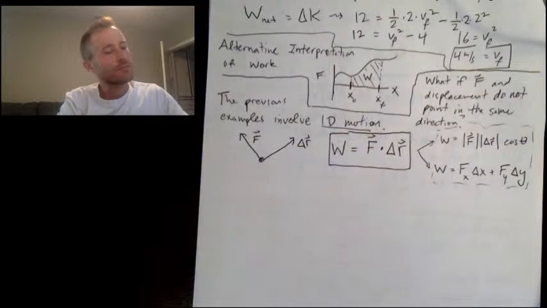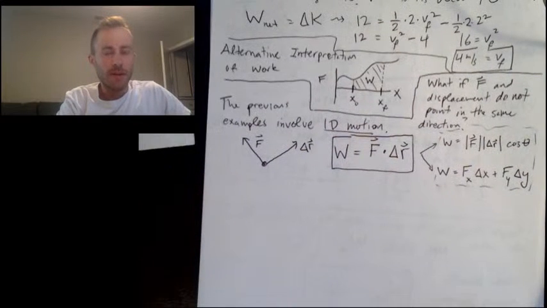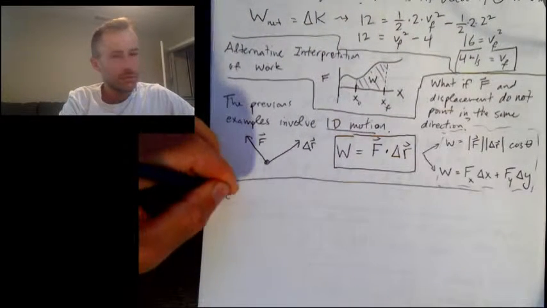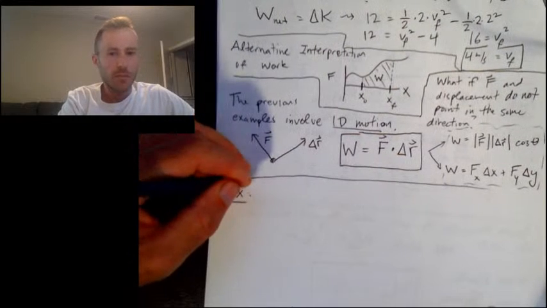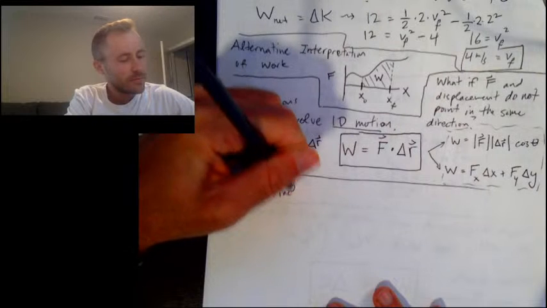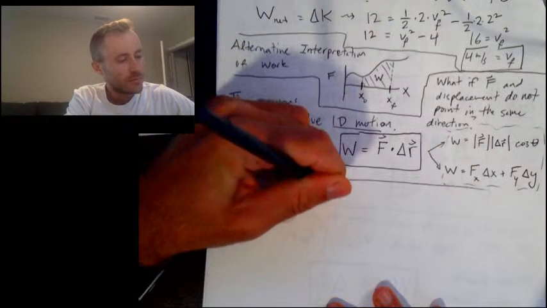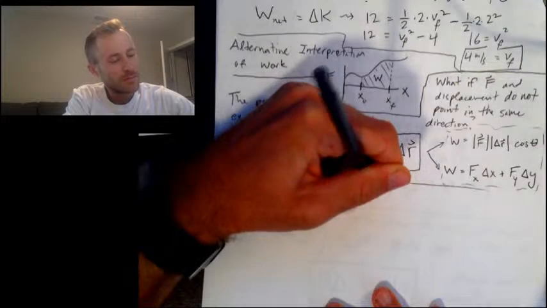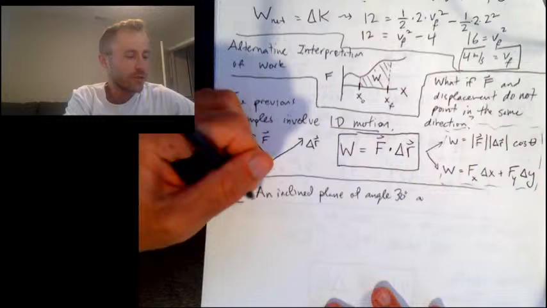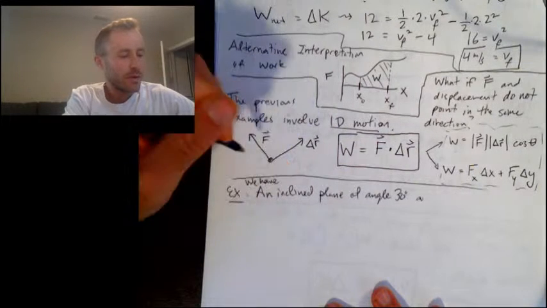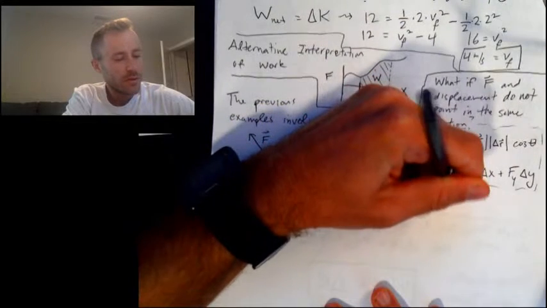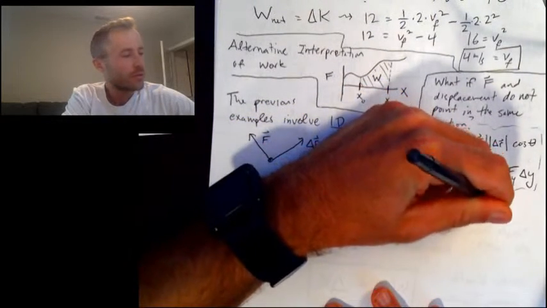All right, let's do an example. Actually, two examples. Our first example is an inclined plane of angle 30 degrees and length 11 meters.